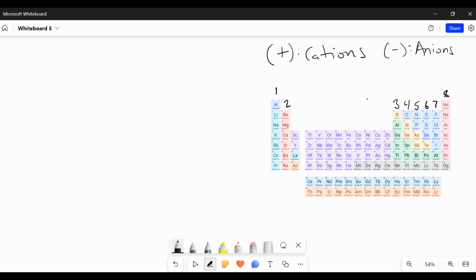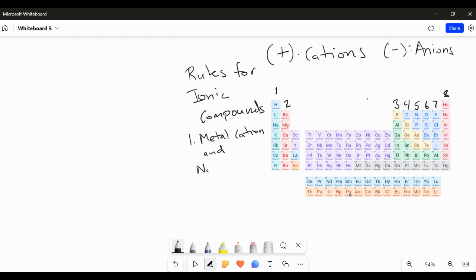Now, there are a couple main rules for forming ionic compounds. So, there's two main rules. The first rule is that they must be made of a metal cation and a non-metal anion.